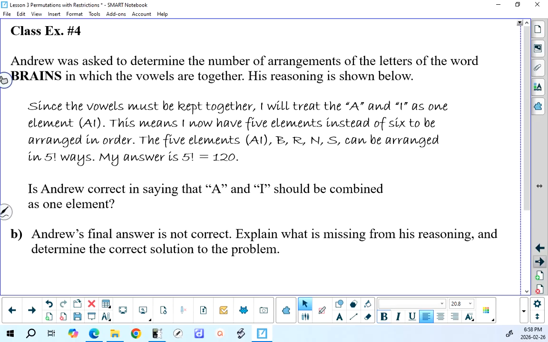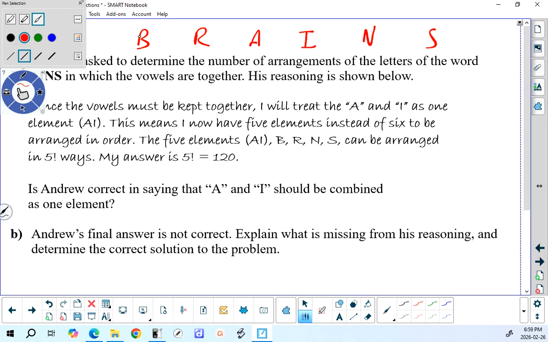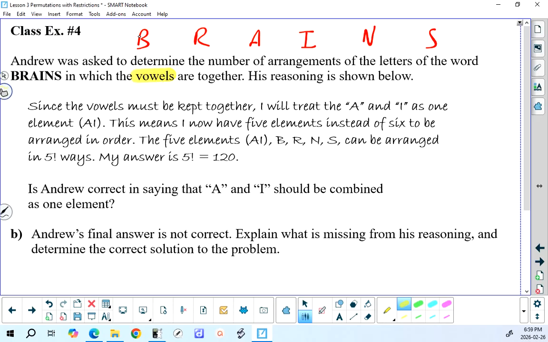Number 4, Andrew is asked to determine how many arrangements of the letters of the word brains are there when the vowels are together. The vowels are A and I. I just want to write these letters out myself. B-R-A-I-N-S. So vowels are these 2. So here's what Andrew thinks.